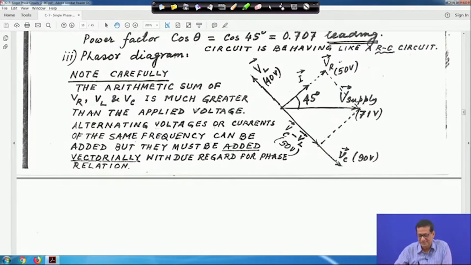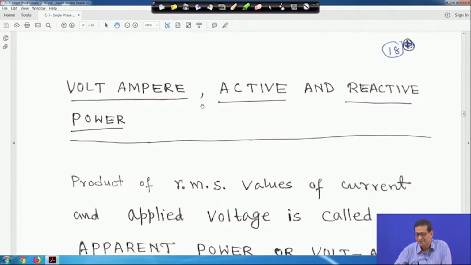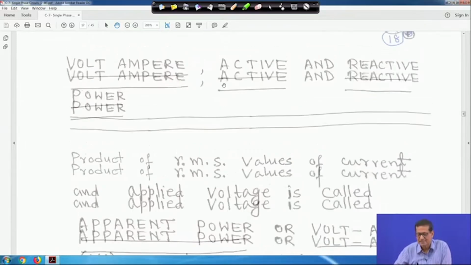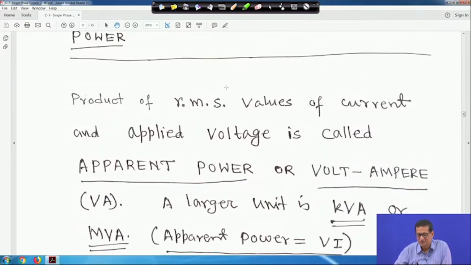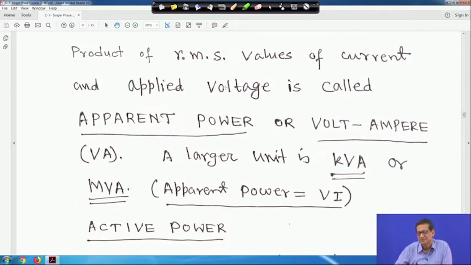All this write-up is here, so you will read this. Now, volt ampere, active and reactive power. The product of RMS values of current and applied voltage is called apparent power. That means V into I is called apparent power.